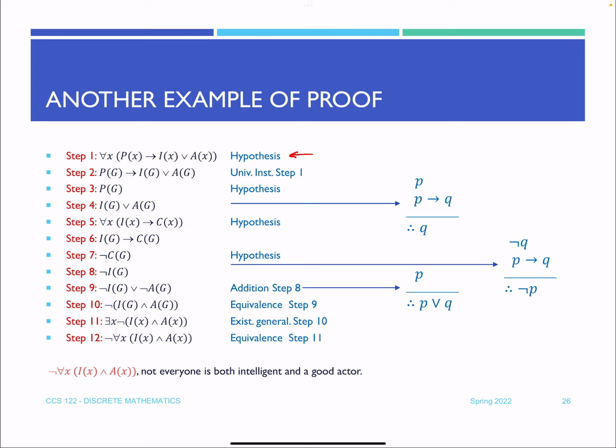We use universal instantiation on step one, and we take this statement in step one, which is a general statement true for everybody, and try to fit it on our guy, Gary. If he performs well, then he's either intelligent or a good actor. And then we're also told that he does perform well. So P of G is true, which means that the conclusion in step 4 must also be true. He must be intelligent or a good actor.